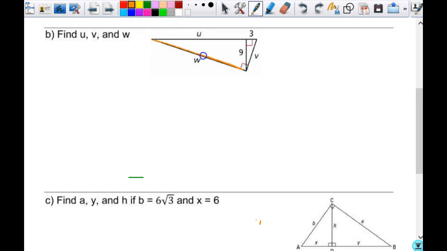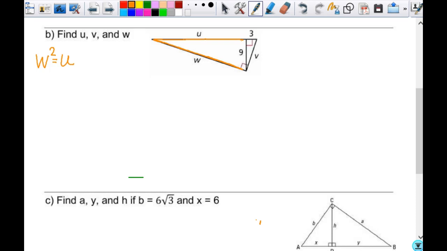So I'll start with this. This is one of the legs of the big right triangle, and since it's a leg, it gets squared. So W squared is equal to the piece of the hypotenuse that's attached to it, which is U, times the entire hypotenuse, which is what?